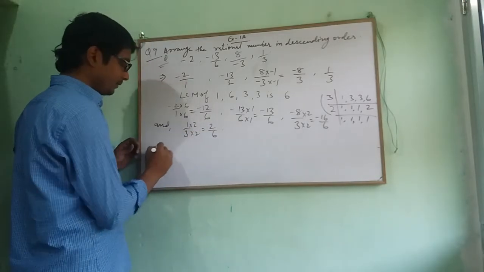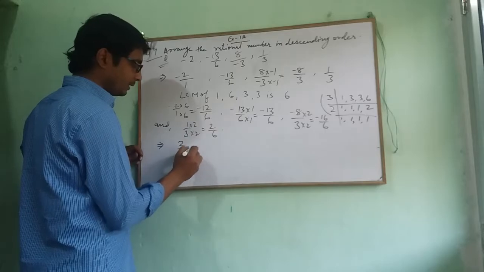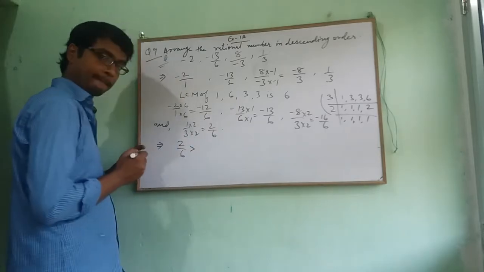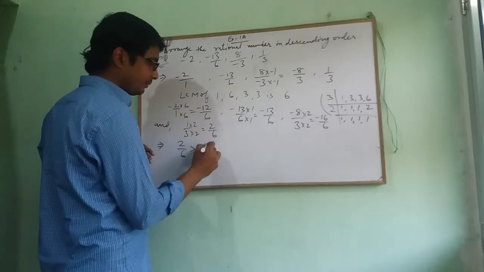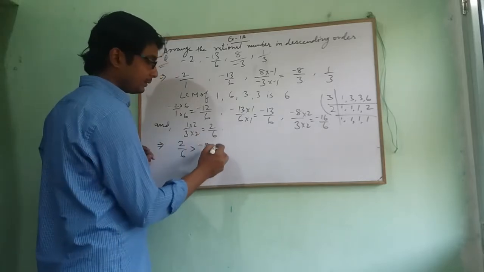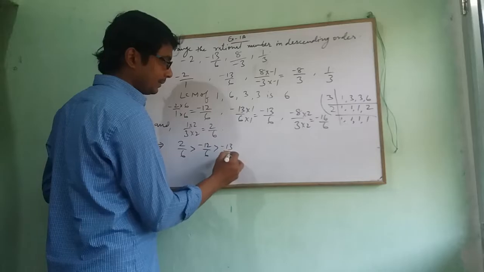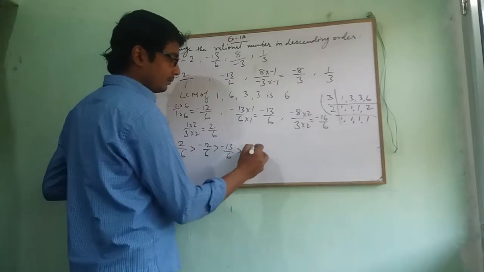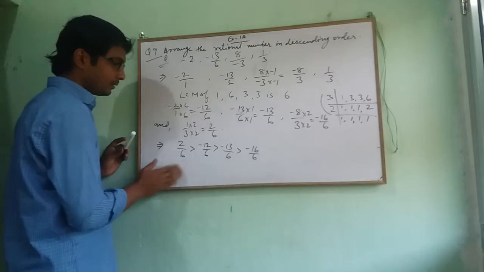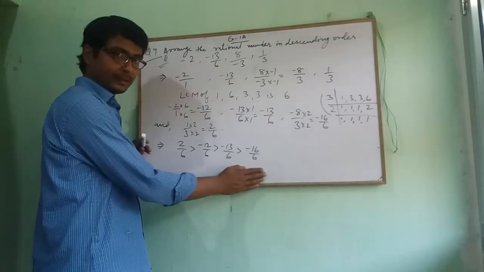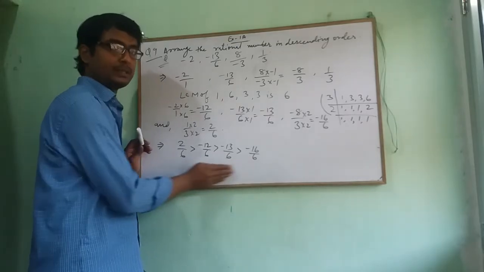So I will write first 2 by 6, which is greatest. Then I will write minus 12 by 6. Then minus 13 by 6. Then I will write minus 16 by 6. So this is the arrangement of rational numbers in descending order.